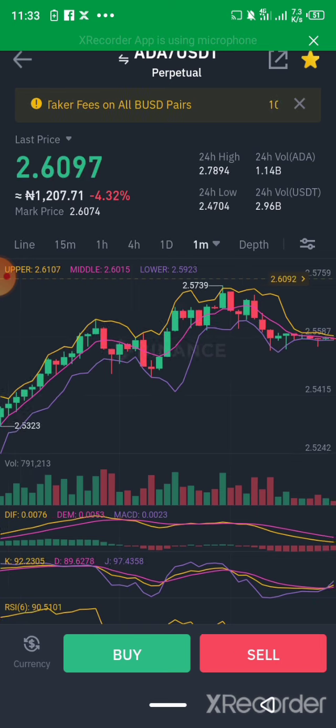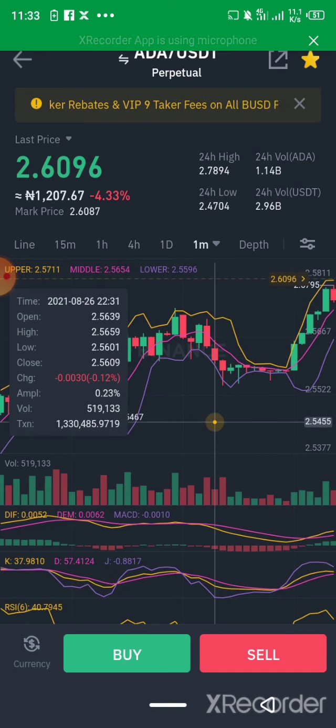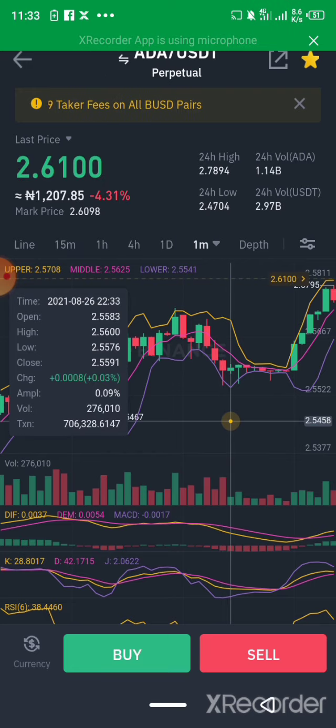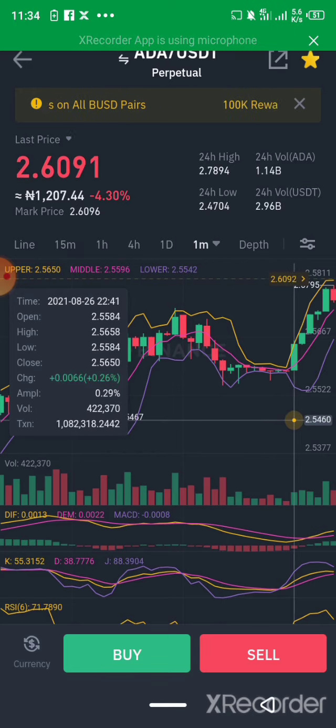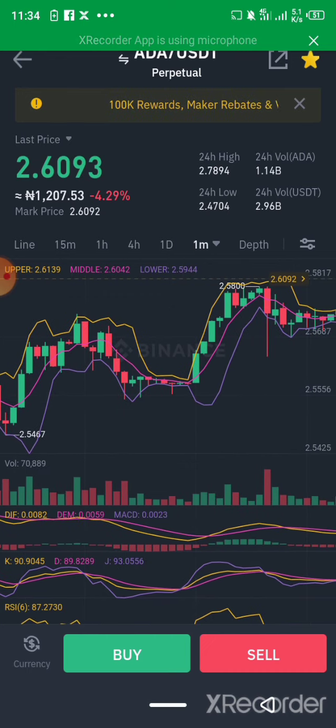You get it moved, and there was a retracement down to this place. Now, if you look at the retracement down to this place, you see that the candle closed at 2.5584. Even though it was a retracement, it didn't get close to your entry point. You understand? And it now moved until there was a Bollinger squeeze here before that impulsive move again.